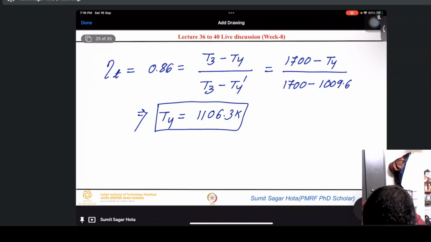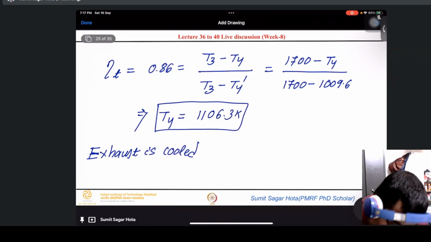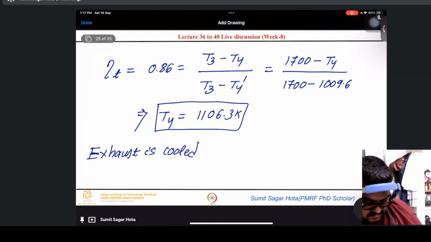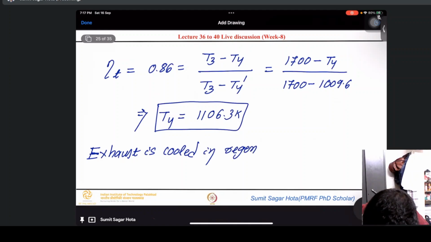So now you know the exhaust is cooled in where? A regenerator.